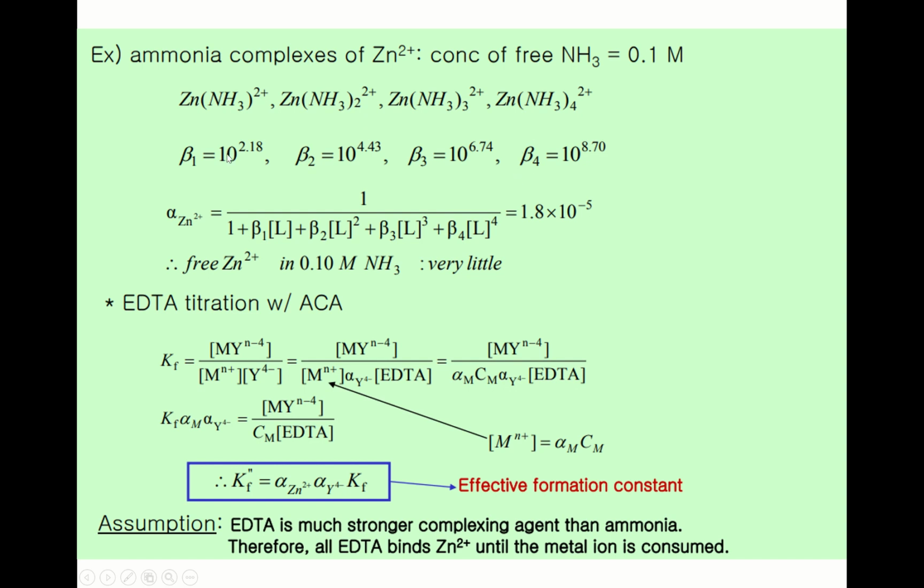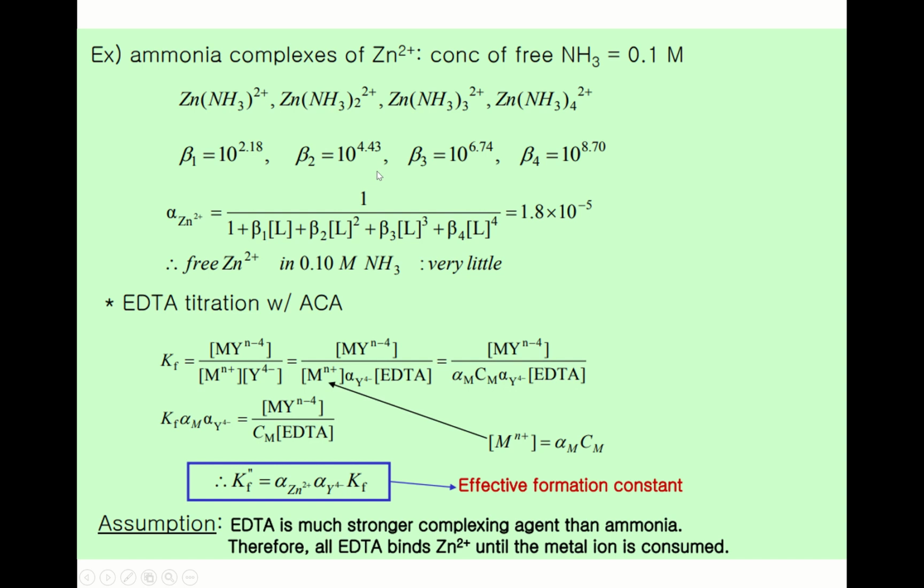For the zinc monoammonia complex, beta 1 is 10 to the 2.18, and beta 2 is higher than this one because it becomes greater.